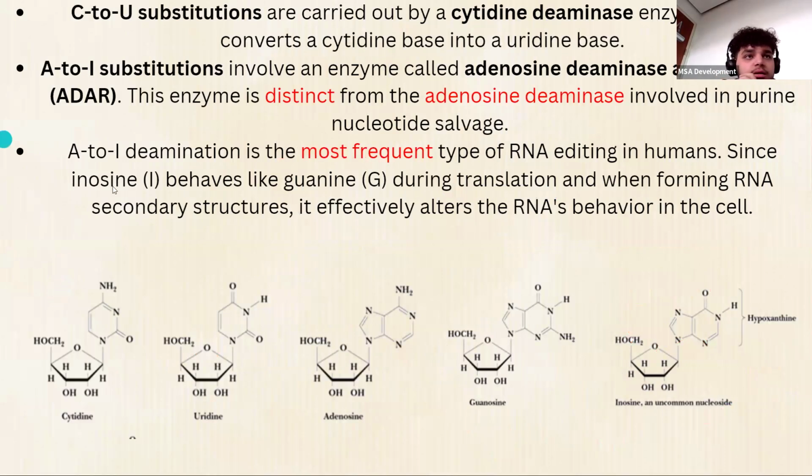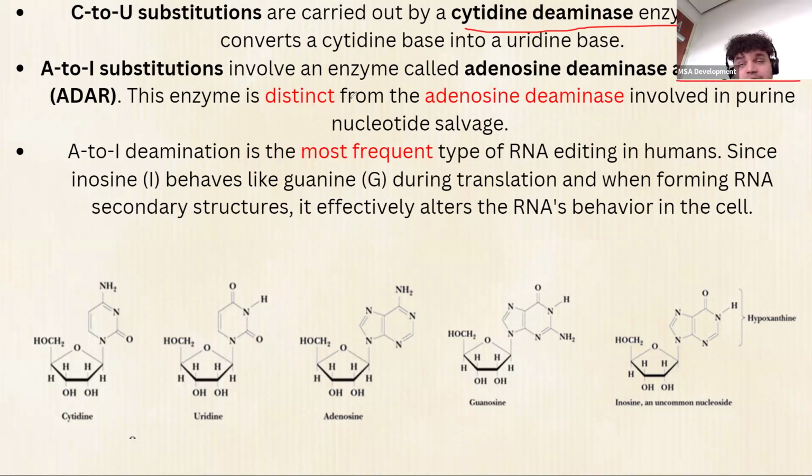Now, C to U substitution is carried out by the cytidine deaminase enzyme. What will replace the C with a U? Cytidine deaminase enzyme. It will convert the cytidine base into a uridine base. However, A to I substitution involves an enzyme called adenosine deaminase acting on RNA.